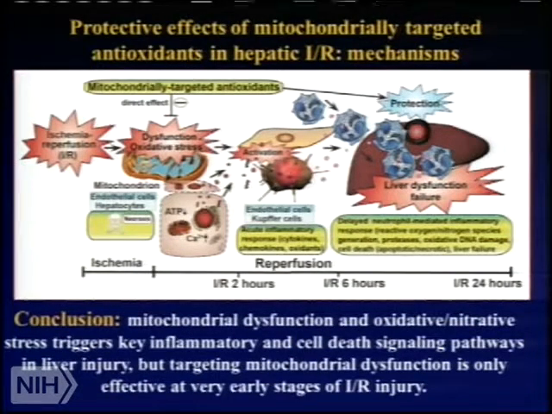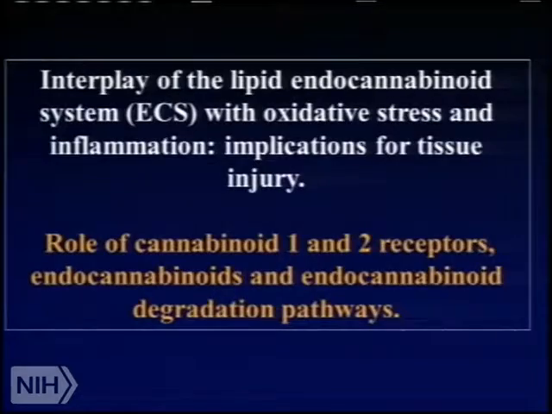However, when we administered this antioxidant at a later phase, it was ineffective. Which means that basically mitochondrial dysfunction and oxidative stress trigger these key inflammatory pathways, but targeting mitochondrial dysfunction is only effective at early stages of ischemic reperfusion. So if somebody with stroke is immediately hospitalized, this could be a very promising approach. If not, then this antioxidant will not be effective. But some of the drugs like cannabidiol, which target both inflammation and oxidative stress, may still be quite effective.